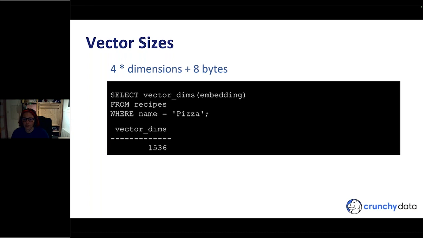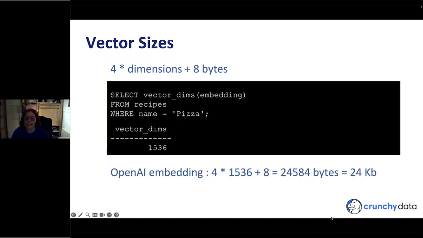So as I mentioned earlier, the OpenAI model that we're using, the ADA0021, returns embeddings with 1536 dimensions. If you choose to use a different model, then it will return a different number of dimensions.